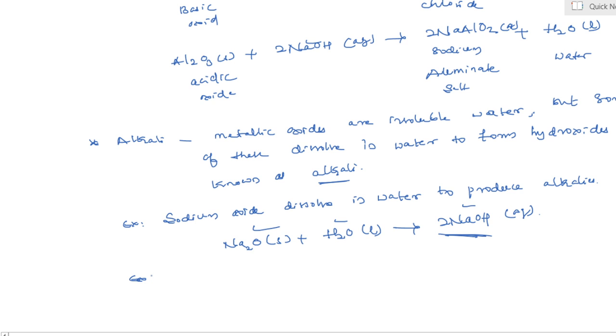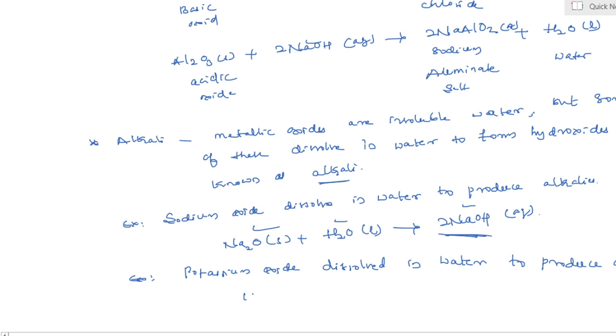Take another example, potassium oxide dissolved in water to produce alkali.